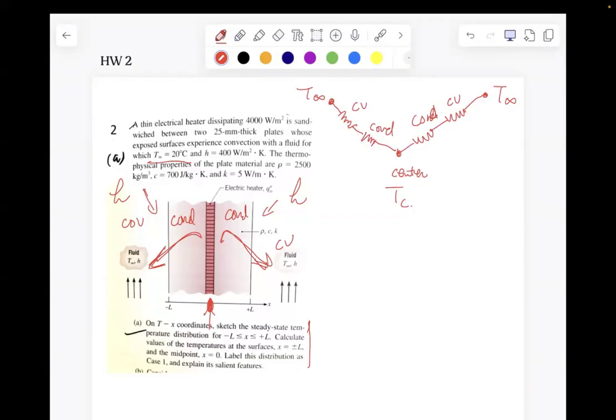Oh, okay, I see. The problem didn't ask you to calculate something, but asked you to plot. So you will still have to calculate these resistances, the R convection and R conduction, and then you can plot the temperature at the center.